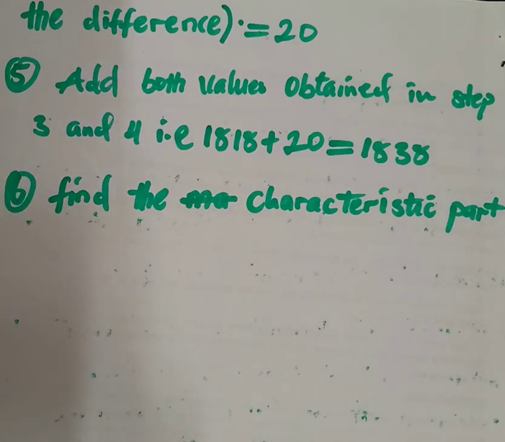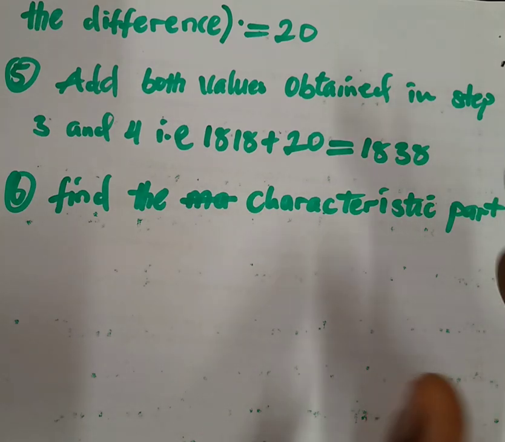Now finding the characteristic part, also note that any log number that has more than one digit at the characteristic part, the log number that was given to you, is calculated as 1 point something. That's the characteristic part will be 1.